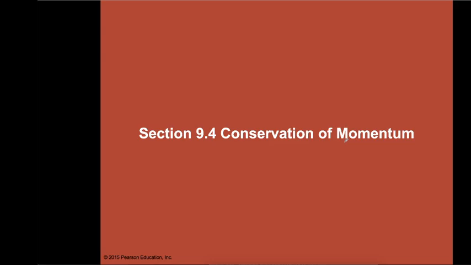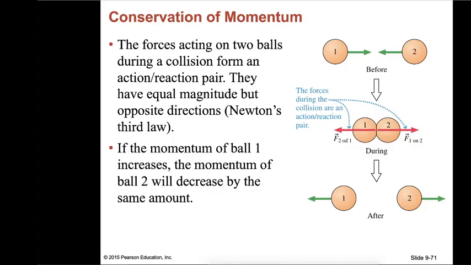Okay, conservation of momentum. The forces acting on two bodies during a collision form an action-reaction pair. They have equal magnitude but opposite directions. This is what we have learned from Newton's third law. Do you remember that? Action reaction pairs.